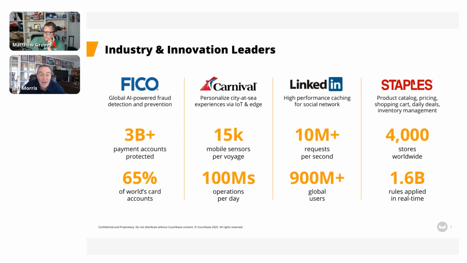There's like 15,000 sensors around the ship keeping track of what everybody's doing, where they are, where your family is, those kinds of things. Another great application and example. I mentioned LinkedIn already. You'll find us in lots of retailers as well. Again, delivering those matching account profiles to big product catalogs is one of the areas where we find ourselves a lot.